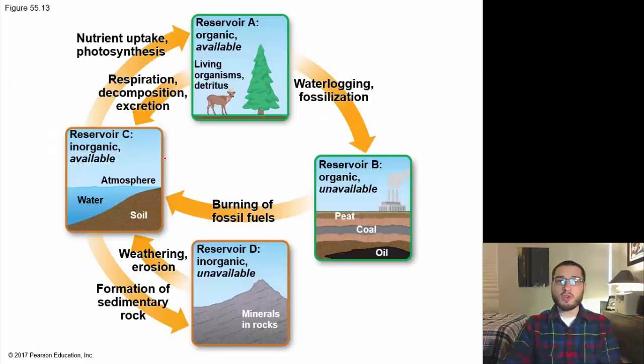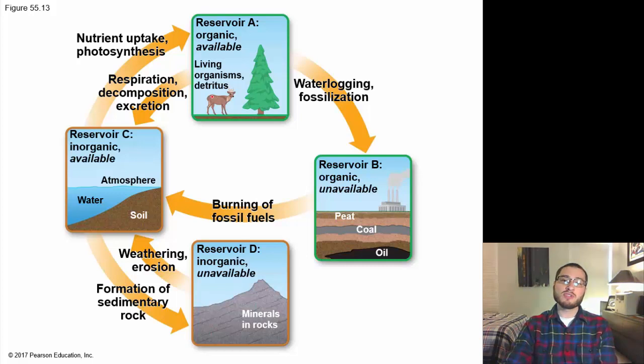So here you see you have different cycles that are going on. If we start at reservoir A, where it's organic, we have organic nutrients available, and you have your living organisms, and you have your detritus, the material that you can decompose, right?